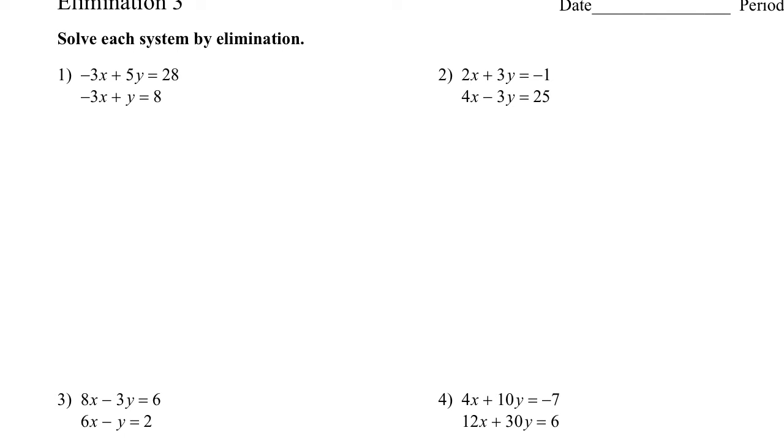So if you look at number one, the coefficients are not opposites. They're exactly the same. Both the coefficients in front of the x's are -3. So that means we need to change something, right? We need to make one of them a positive, and to do that, just multiply everything by a -1.